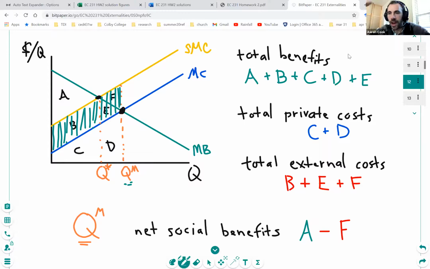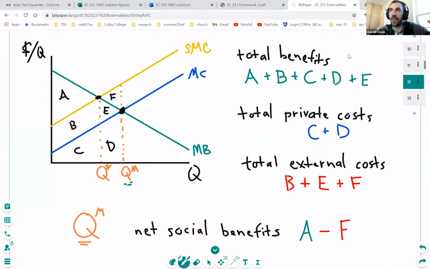After we've accounted for all that, we've noted whether each of those areas are benefits or costs. Some of those areas represent both benefits and costs, which cancel out. When the dust settles and we've canceled out all the offsetting terms, we end up with total net social benefits equal to A minus F.